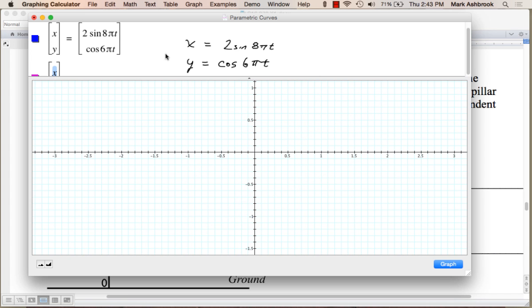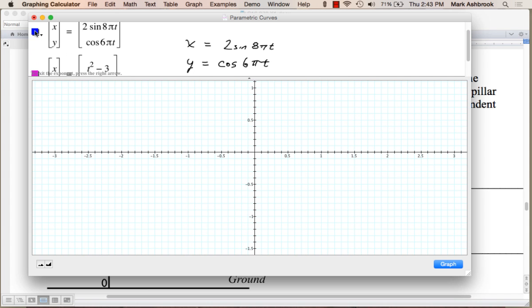Control 2 gives you this vertical vector, x, y, and then you can do equals and do it again. And then you can replace x and y with what you want it to be. So x squared minus 3 and, no, sorry, t. Now here we want to use the t as the built-in parameter in GC. Sine t, cosine t. I have no idea what this will do, but this should be cool.